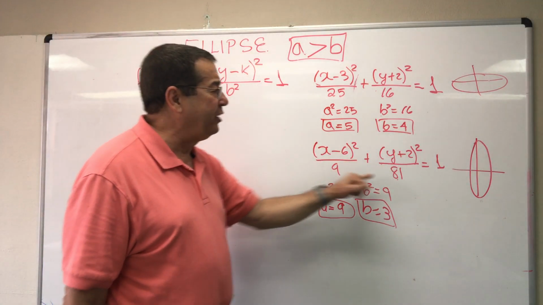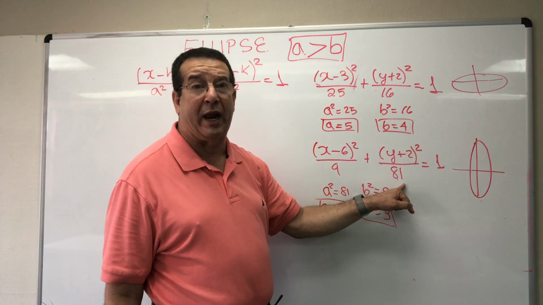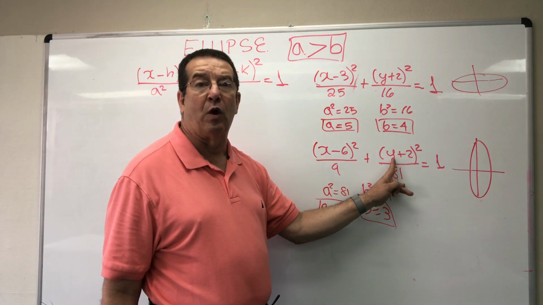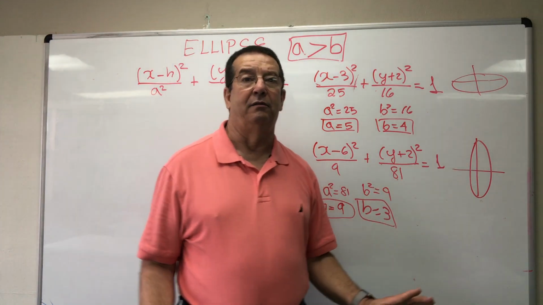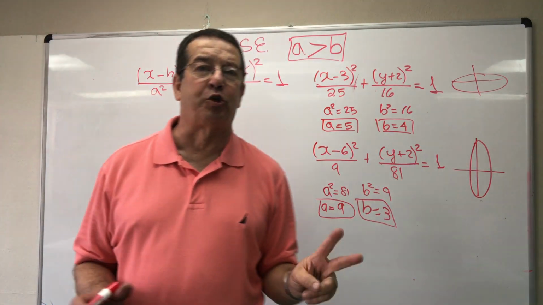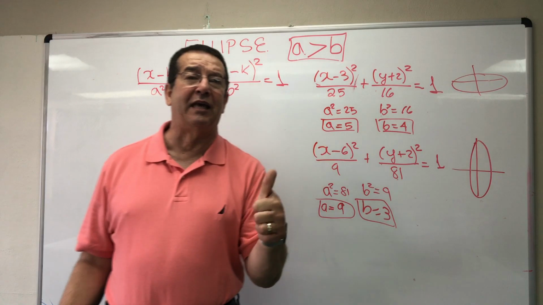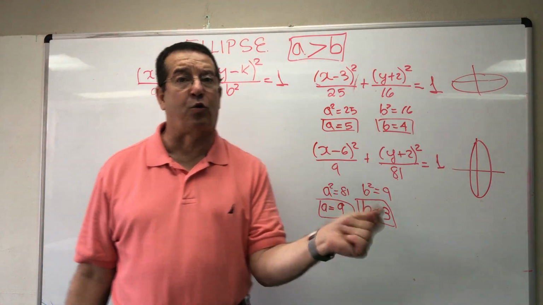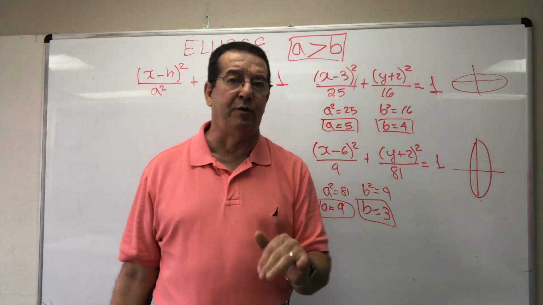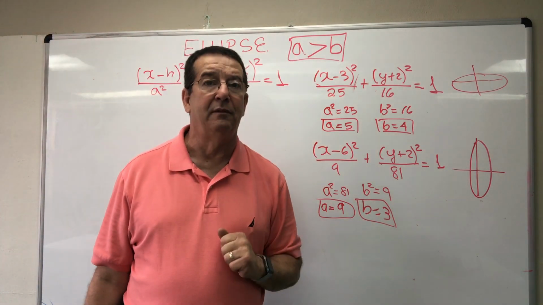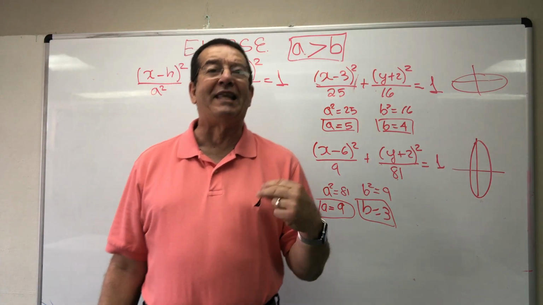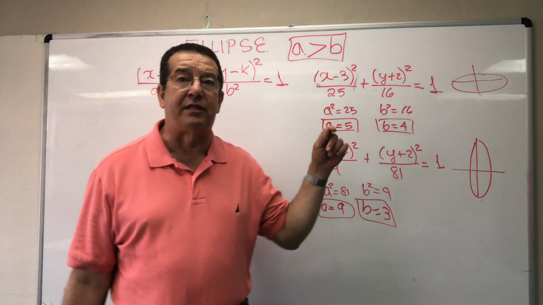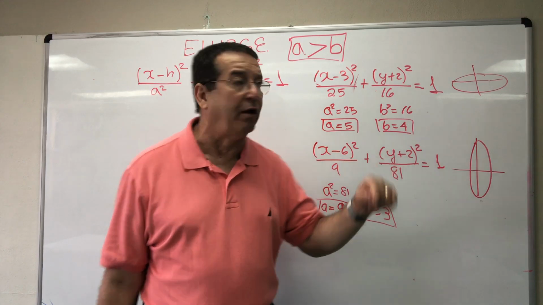Now, when the big number, A squared, is in the denominator corresponding to y, it is vertical. That's it. Those are the two topics you need to know. Number one, identify what is A squared and what is B squared, and find the square root of the corresponding number to get the value of A and the value of B. Number two, identify if the ellipse is vertical or horizontal.